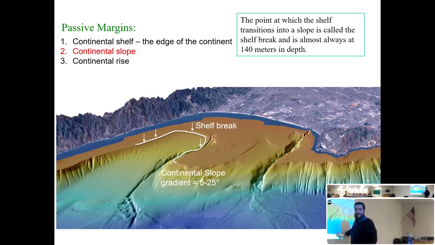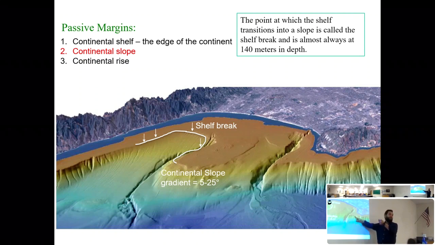Now when you get down here to the blue, can everybody see that at the very bottom here? That blue is the abyssal plain, so that's where it's really deep water. That's where it gets 4,000 meters deep. So think about this: right here, the shelf break. How deep is the water on average at the shelf break?